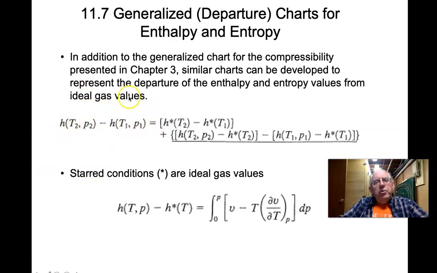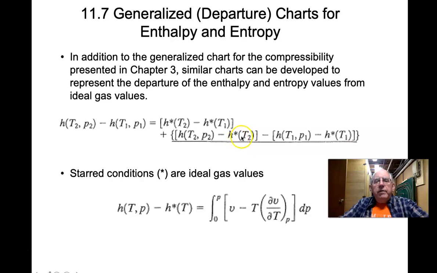So if we were to look at the change of enthalpy between two thermodynamic state points, this particular change can be written or expanded out to include those values where we then subtract the ideal gas value for the enthalpy.